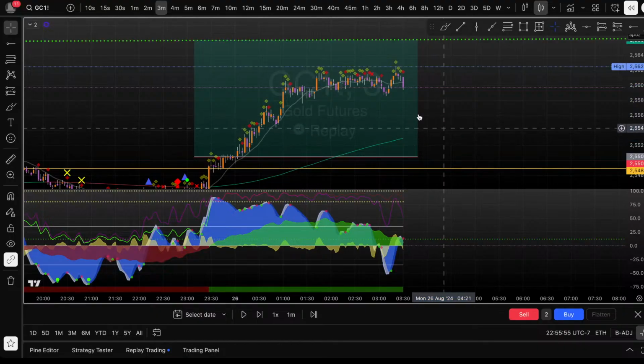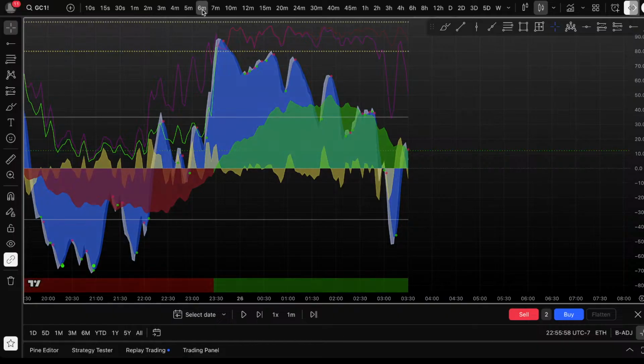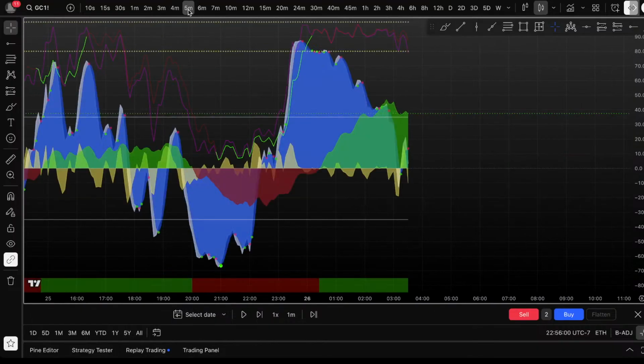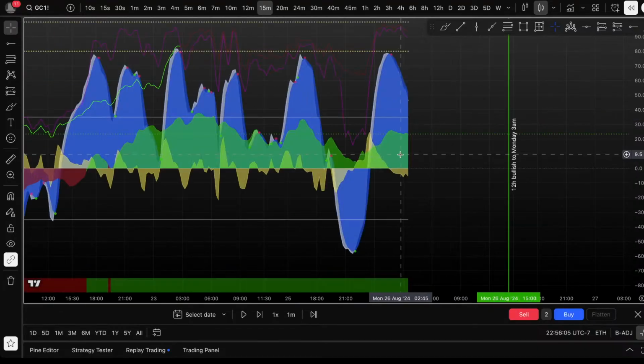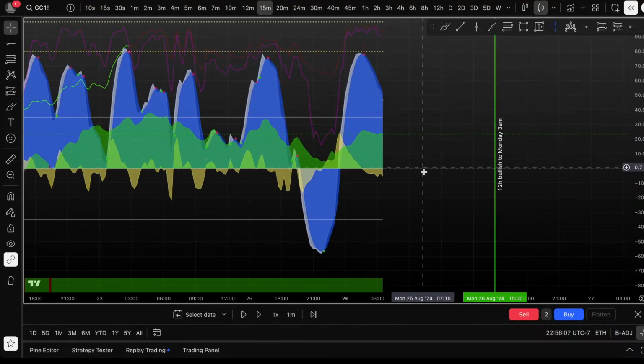All right, I'm out. I don't think she's done, but we're getting exit criteria reversal type stuff.